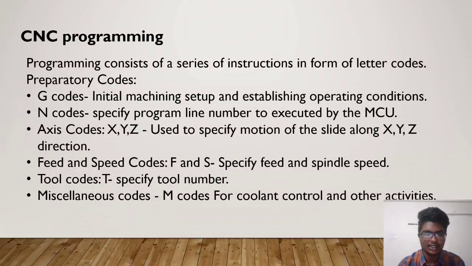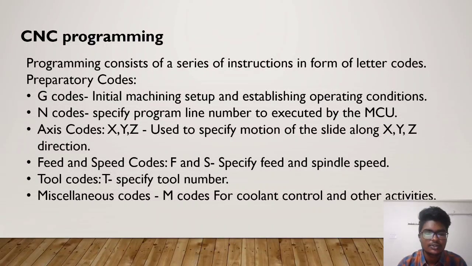G codes are initial codes, said to set the initial machining setup and establish operating conditions. Other codes specify the program line and are executed by the MCU. Axis codes X, Y, Z are used to specify motion of the slide along the X, Y, Z directions. Feed and speed codes specify feed and spindle speed.